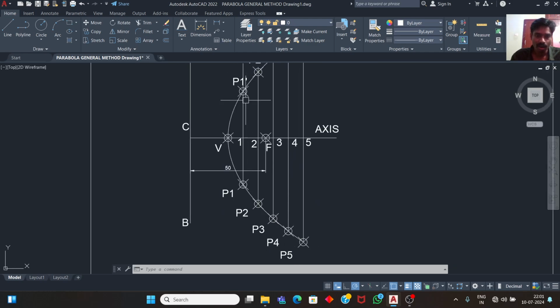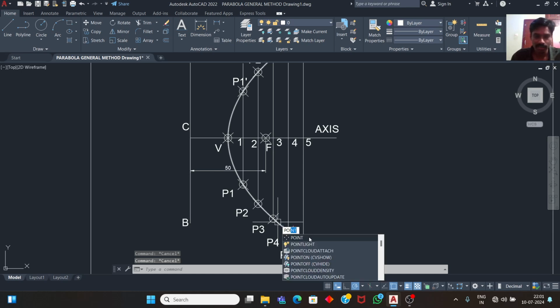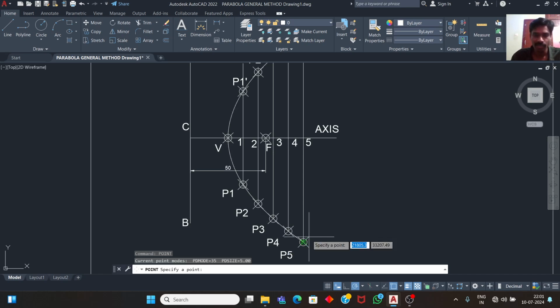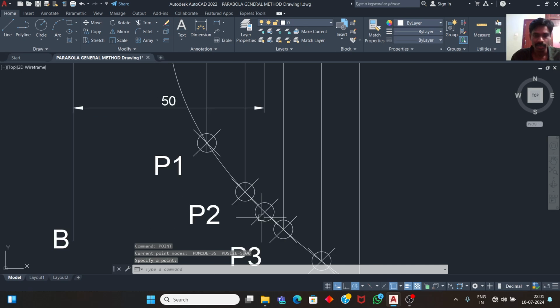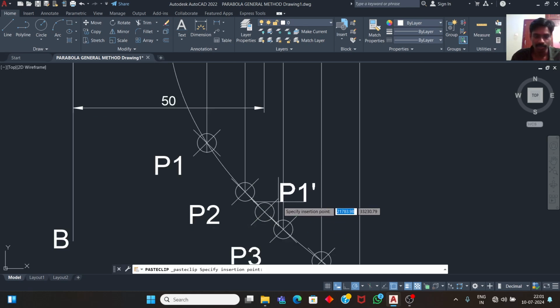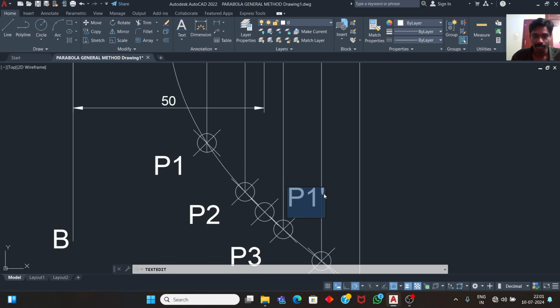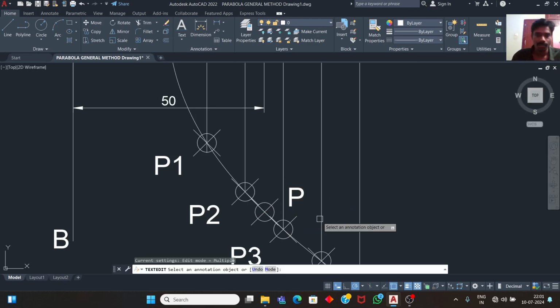First of all, we need to select any point on this curve, or place a point anywhere on this curve. So for example, I am placing the point with the help of the point command over here. This is the point P.